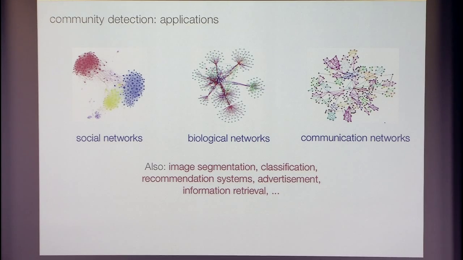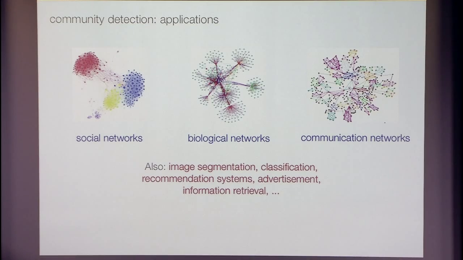Tumor classification, clustering was used extensively in these areas. Communication networks, Bell Labs is interested. This is a call graph, people talking to each other in a network communication. People are interested in 5G and understanding how to distribute information more efficiently by using the underlying social structure of the network.